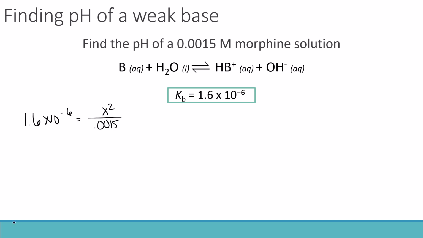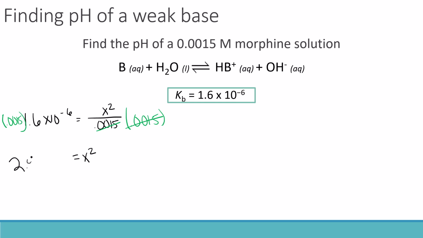All right, so we are here, 1.6 times 10 to the negative 6 equals X squared over 0.0015. So this is where we were. Now I'm going to try to solve for X. So first I'm going to get that out of the denominator. Whatever I do to the right side, I also have to do to the left. So we are going to have X squared equals 0.0015 times 1.6 times 10 to the negative 6.